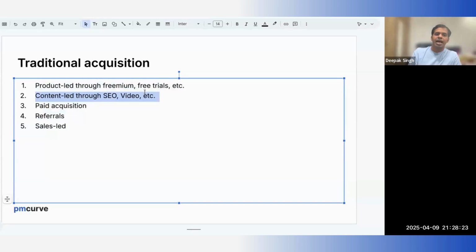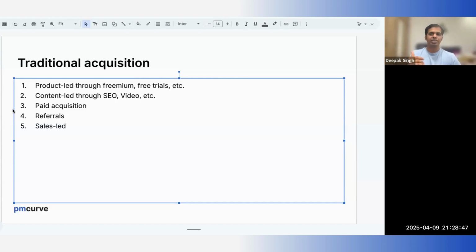Has it come from paid acquisition channels like Instagram, Facebook, and all that? Has it come from referrals, or from sales-led acquisition? If you work in a SaaS setup, sales-led is something that you have to understand. And if you don't understand it, you'll always struggle to figure out why the overall number is not moving.